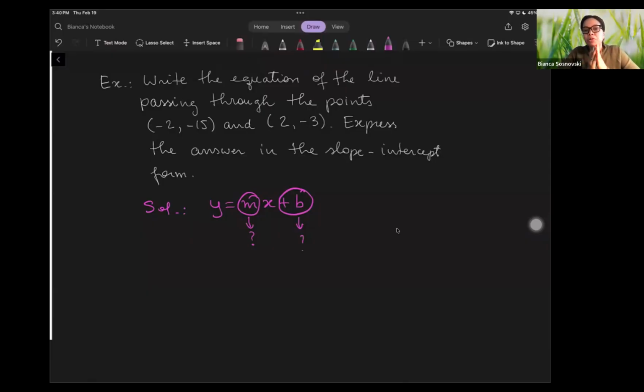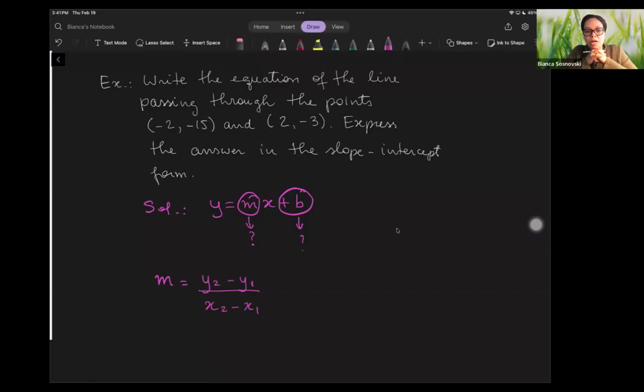All right. But because we have 2 points, that means we can calculate the slope. So we have the formula for the slope, and I hope you remember. The formula is you subtract the y values and divide by the subtraction of the x values. So you calculate the change in the y values and divide by the change in the x values.